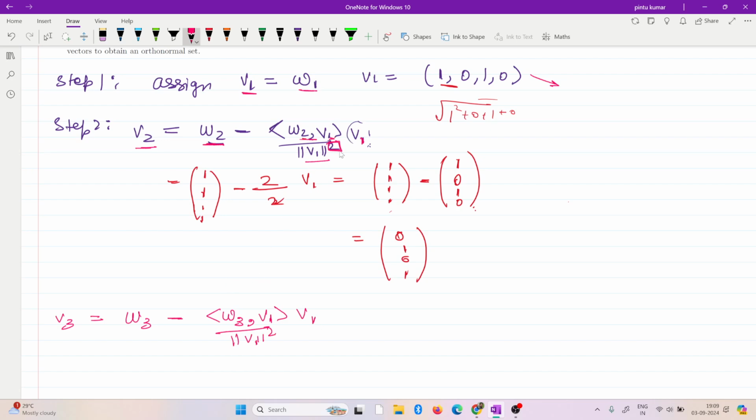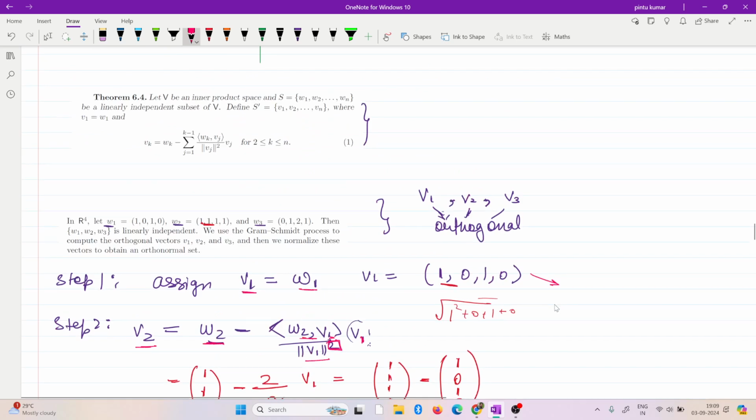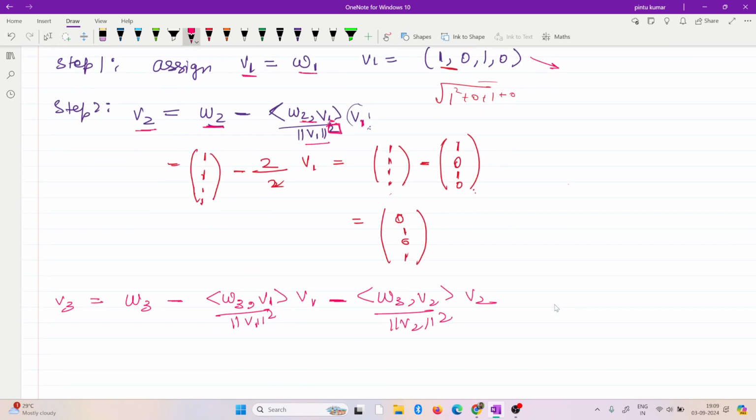This is a common term between V2 and V3. This is the way you will keep proceeding. Here we had only 3 vectors. If we had more vectors, we would have subtracted more terms in future.